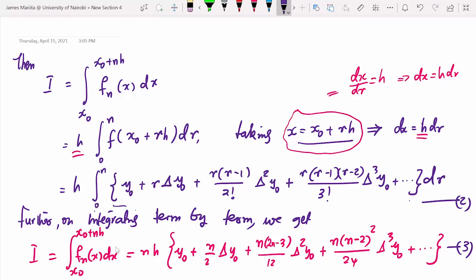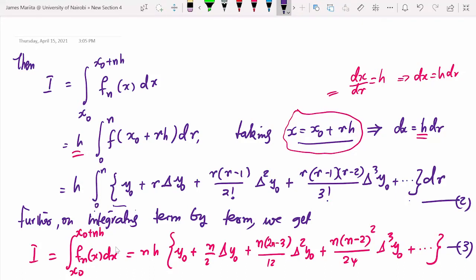If we put n is equals to 2, we get another formula. For example, if n is equals to 1, we'll be talking about the trapezoidal rule, or what we shall call Newton-Cotes formula for n is equals to 1. If we put n is equals to 2, then we'll be talking about Simpson's 1/3 rule, or Newton-Cotes formula for n is equals to 2, and so on.